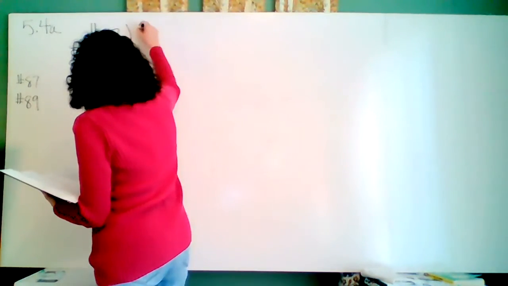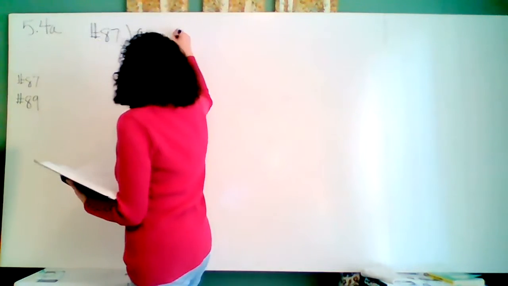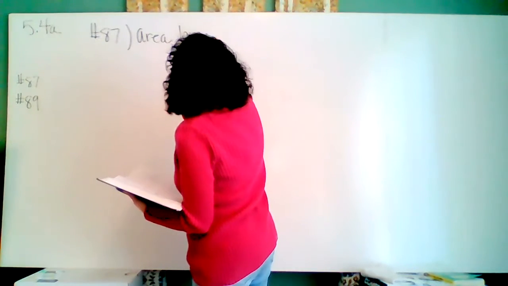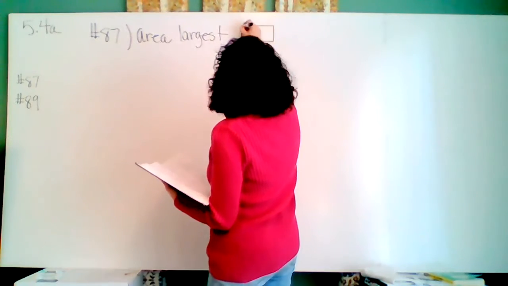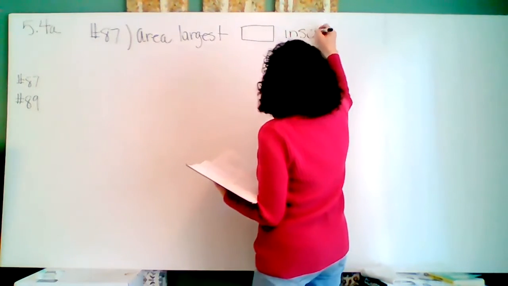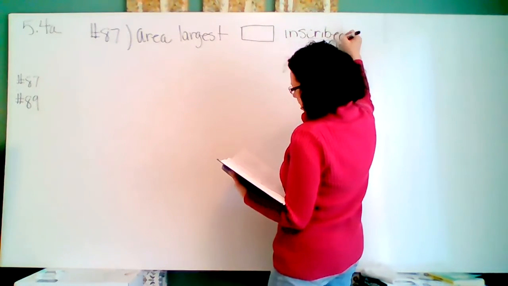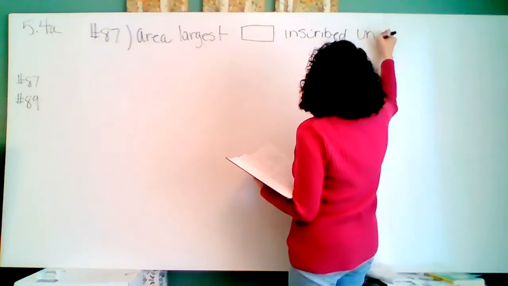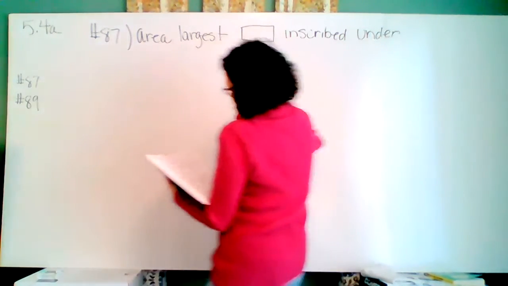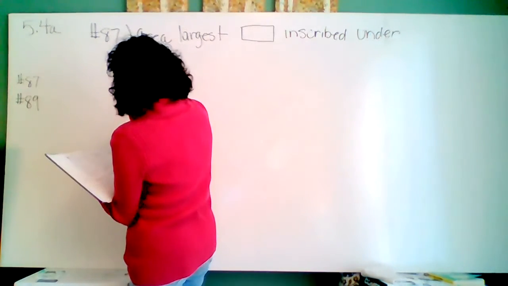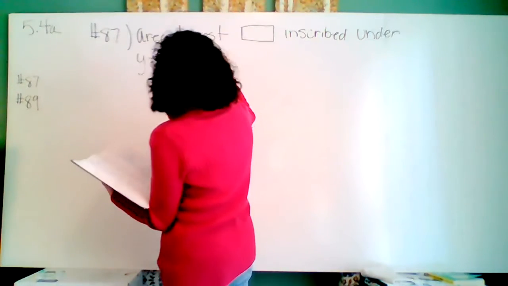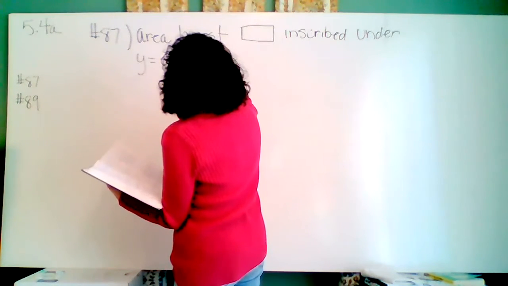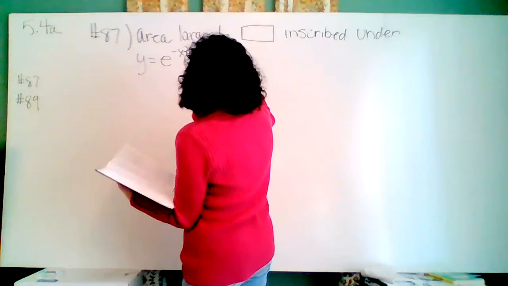So area, largest rectangle, inscribed under y equals e to the negative x squared in the first and second quadrant.